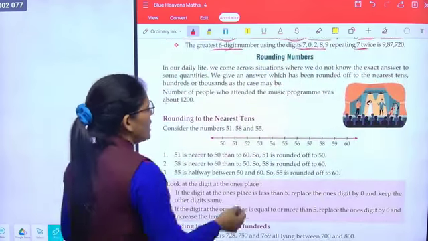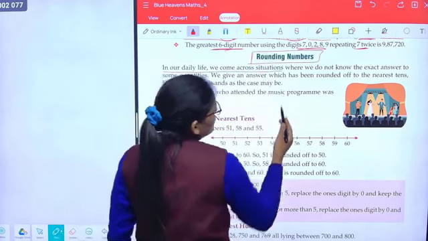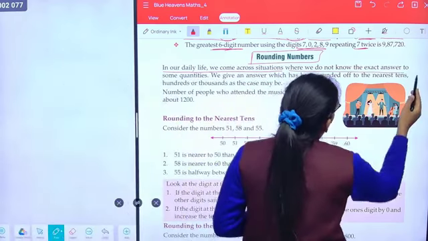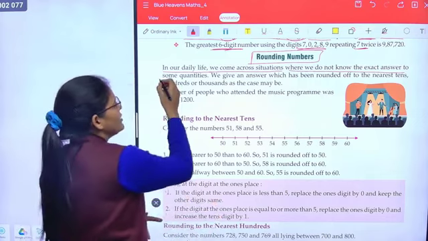Okay. Now rounding numbers. In our daily life, we come across situations where we do not know the exact answer. हमें अपनी डेली लाइफ में एग्जैक्ट आंसर नहीं पता होता कभी कभी सम क्वांटिटीज को लेकर.